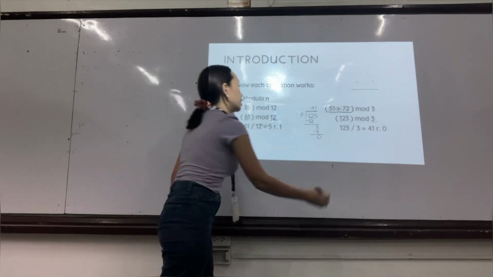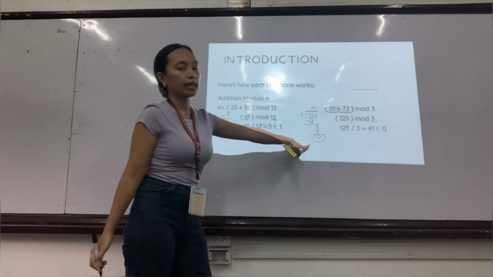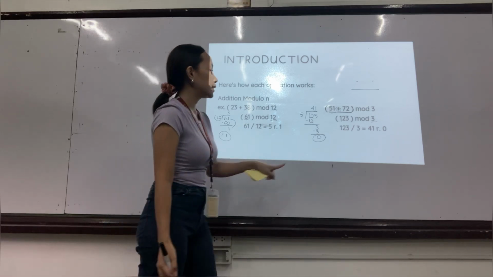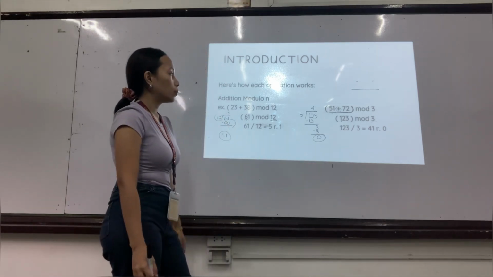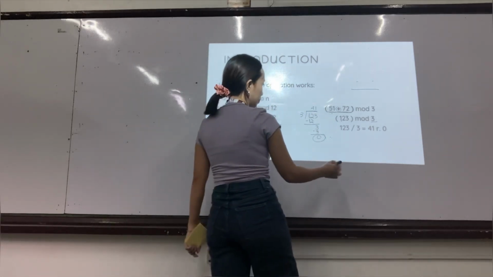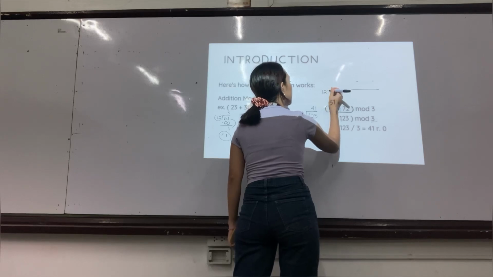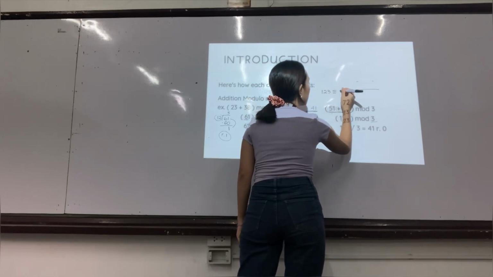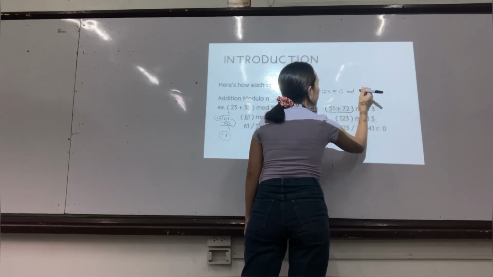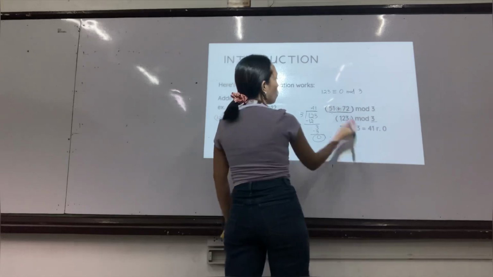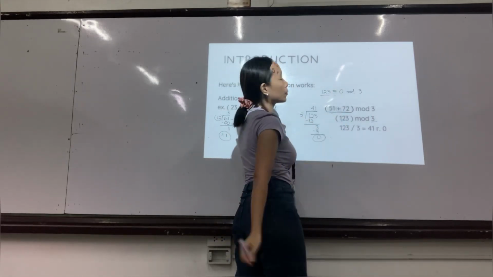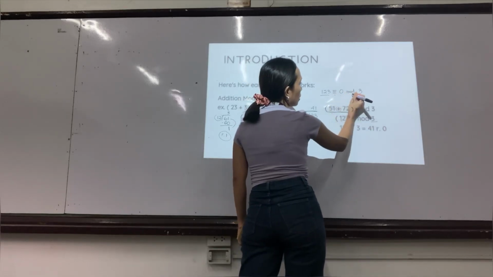Now, as you may notice, we don't have a remainder here. Unlike the first one, which has a remainder of 1, the second one has a remainder of 0. In this case, this is still considered a right answer because if you write it like this, it still makes sense. 123 is congruent, this is the sign of congruence, congruent to 0 modulo 3.